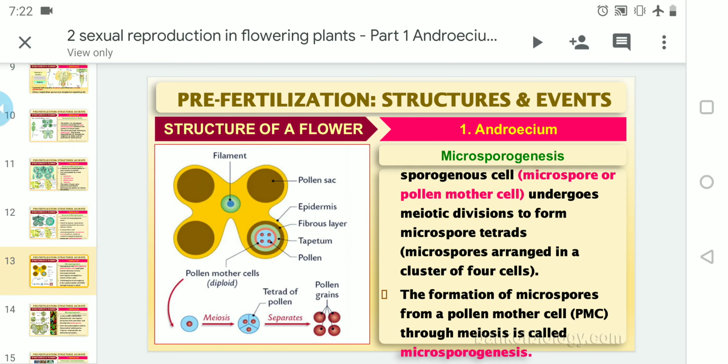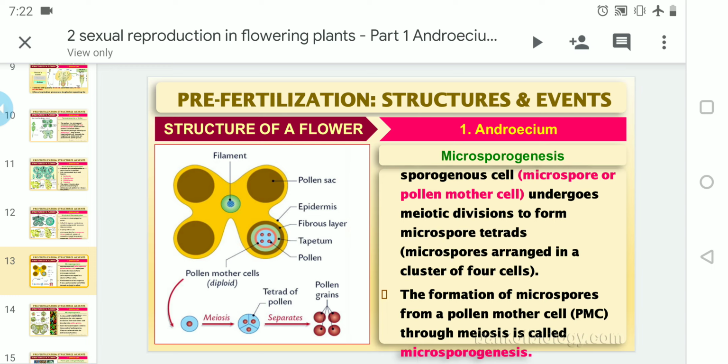If you see the structure of a particular sporogenous cell, it begins the process known as microsporogenesis. What is the meaning of microsporogenesis? It is given in detail in the diagram.